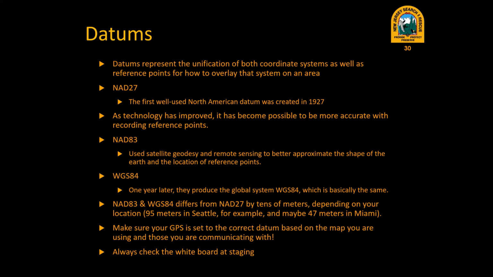And then we go home, and then the next day we have a search and it's still set to NAD 27. And that would put us in a totally different location for the coordinates we're given than if we had the correct datum, NAD 83, with the map that we're using that day. So it's important to always check, as Jeff said, the whiteboard at staging and to know how to change your datum on your GPS device.